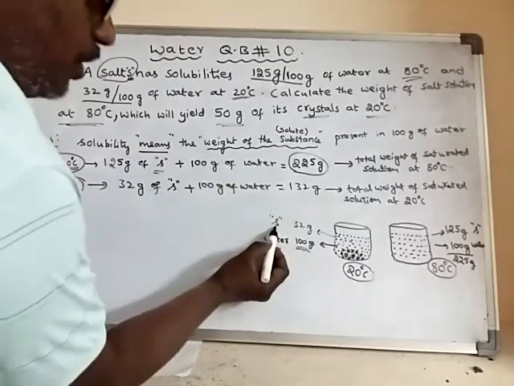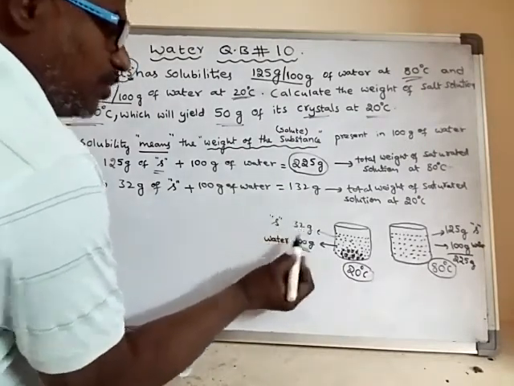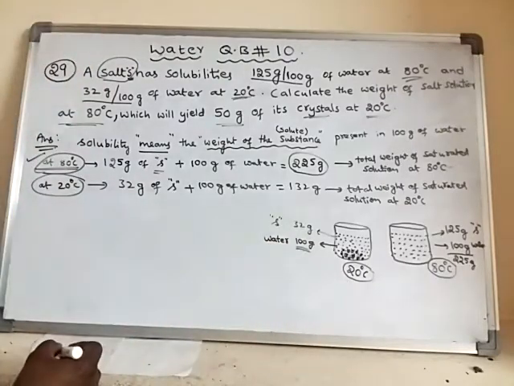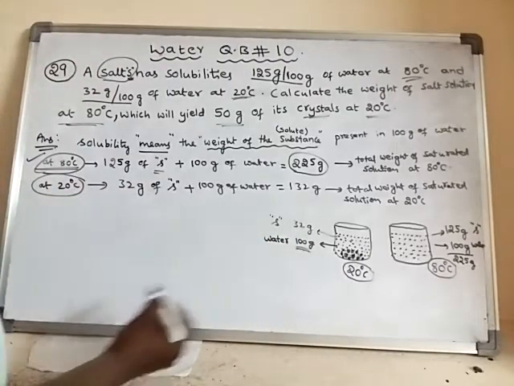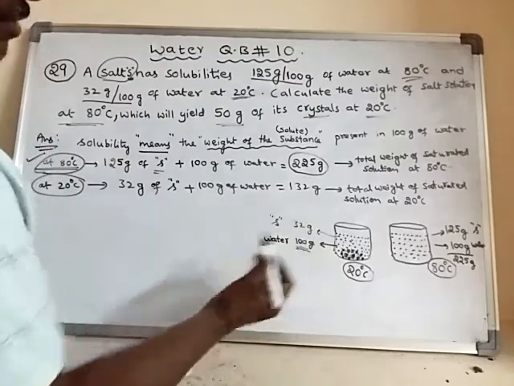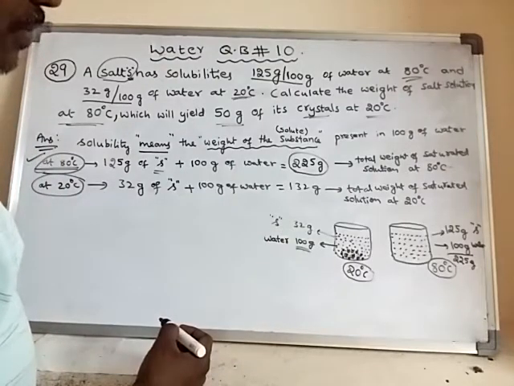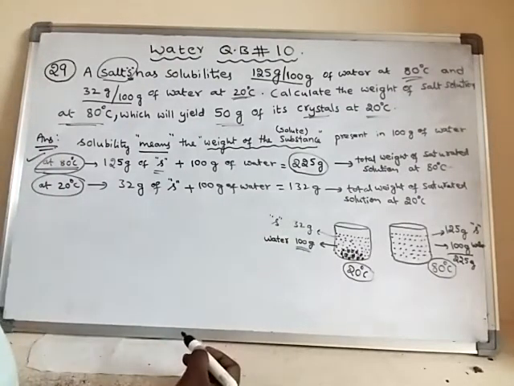That means the solubility of this substance is 32 grams only at 20 degrees centigrade. That means only 32 grams will dissolve in 100 grams of water. Then what will happen to the rest of the salt?